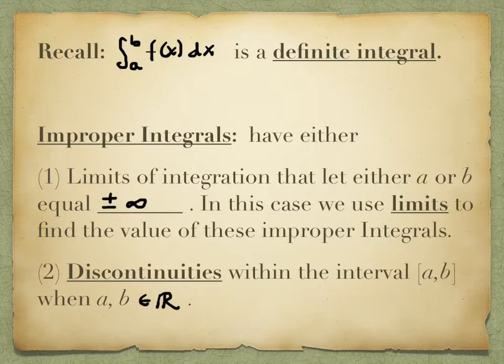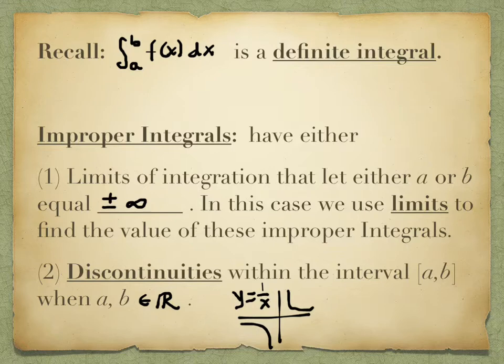The other case where we have improper integrals is that it will really look like there's an a and a b. I mean, we'll have a 0 and a 7 or something like that. But the problem is that somewhere between that 0 and 7, we have a break in our graph. There's a discontinuity. So we have to break up the integral. A common one that you have seen before of where a graph breaks is the graph of y equals 1 over x.